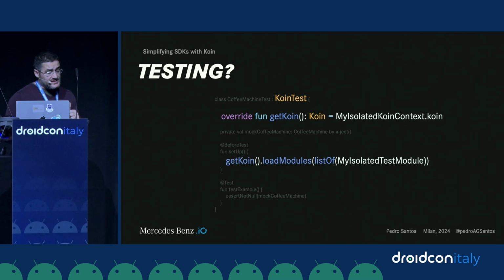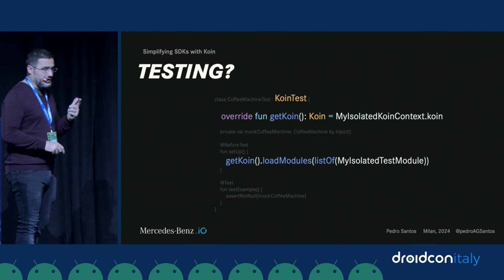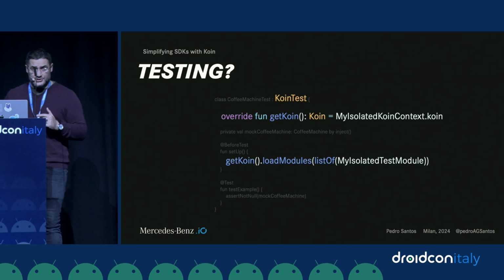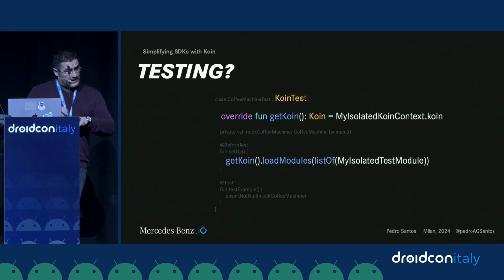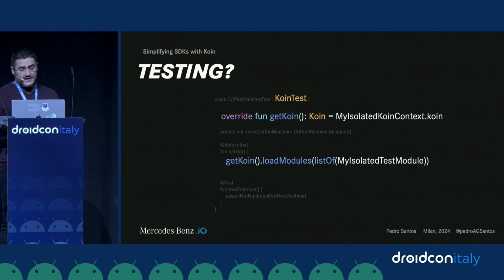All right, and this is where Koin has a very cool feature, which is dynamic module loading, right? You can dynamically load more modules at runtime, and it will still work for you. So in this case, in the setup of the test, I will have to load that, right?